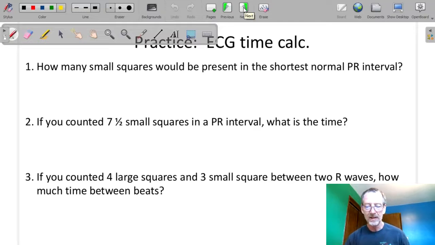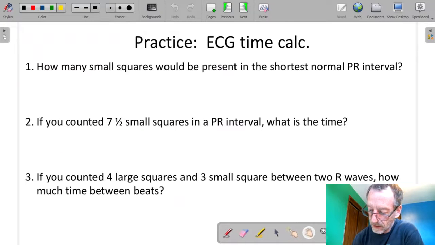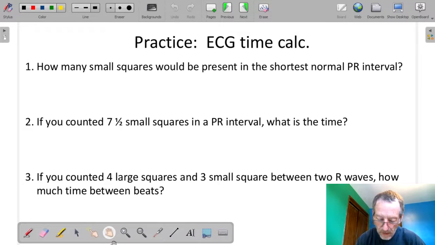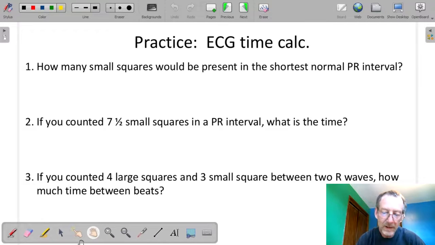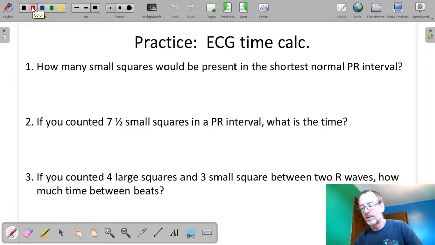Next slide is practice. Let me move the bar out of the way here. Okay. So here's some problems to think about. It says, how many small squares would be present in the shortest normal PR interval?